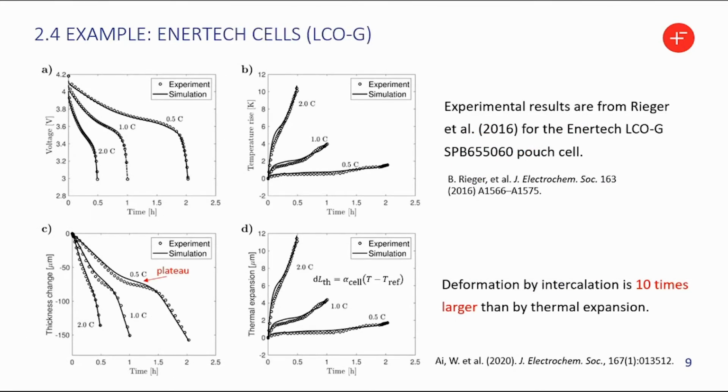We use the model to calculate the response of voltage, temperature rise, and thickness change. The results show very good agreement with the experiments. Those results also show that deformation by intercalation is 10 times larger than by thermal expansion, which shows the importance of mechanical models.